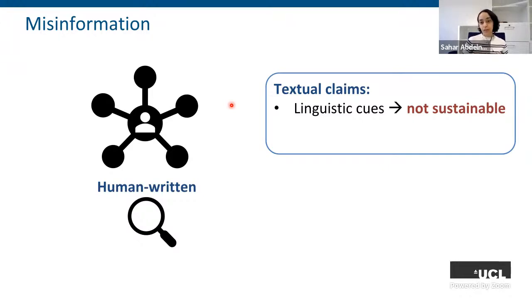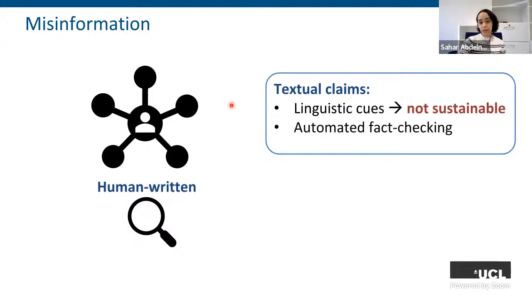One detection line, for example, is studying the linguistic cues that could separate these fake claims from actual real news. For example, they might have lower quality, they might be underwritten, they might have specific biases, such as trying to be more provocative. However, one obvious drawback of this detection line is that it's not very sustainable against the evolving nature of adversaries or possibly changes in style.